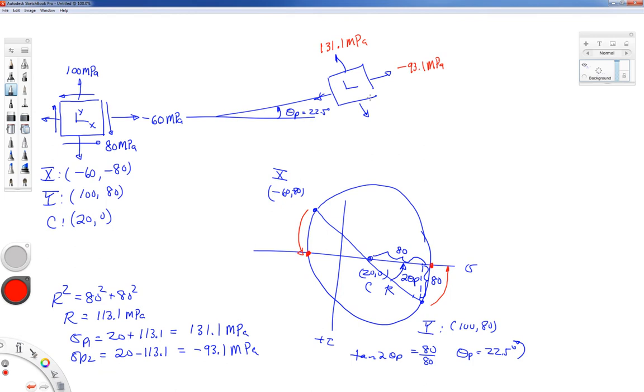If I have the arrows going out, then I can put the negative sign on that value. Okay, so let me say that again. This is really important. Here is the y stress, and it's traveling to that position. Here is the x stress, and it's traveling to that position. This position is the sigma p1 value, and this position is the sigma p2 value. It's the big value on the right, the smaller value on the left.